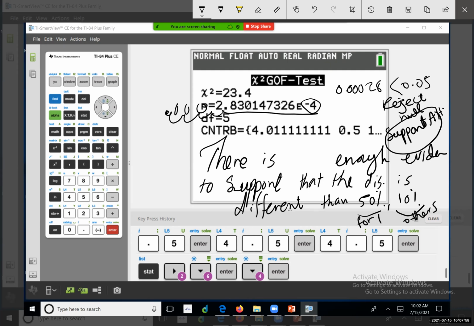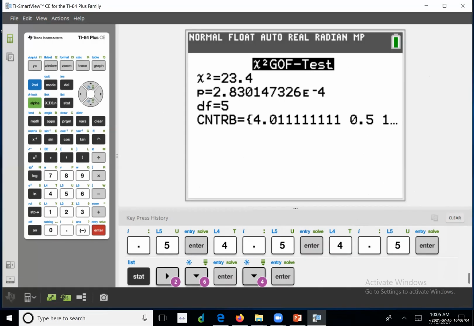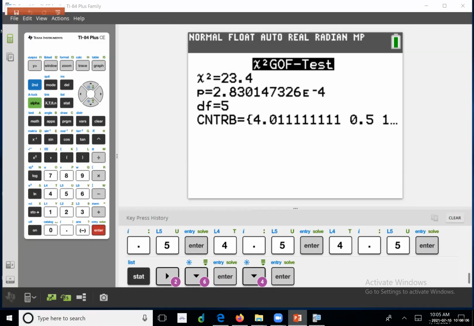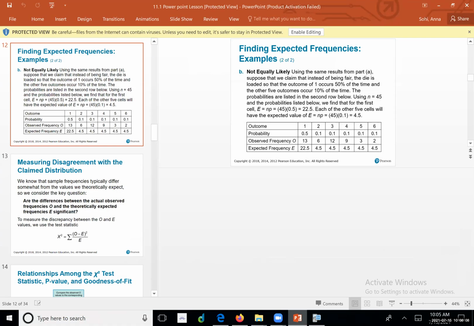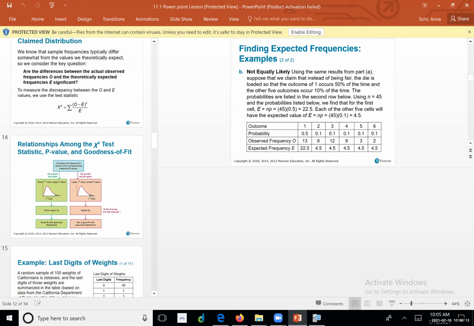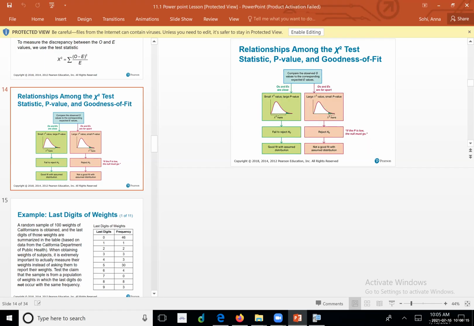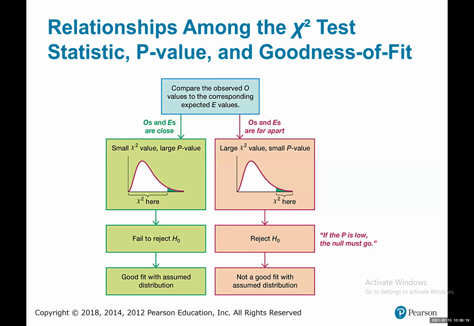Any question? Okay, let's go on. They use the formula, so we don't need to use it. So this is a small table.